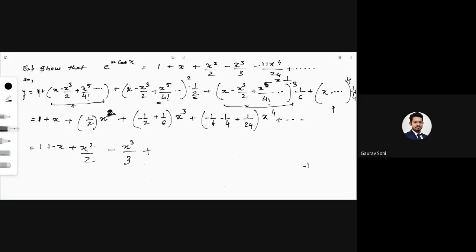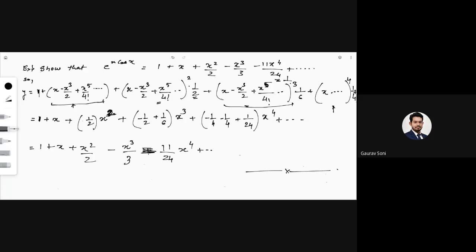So minus 1 by 2 plus 1 by 24, minus 12 by 24, that will be minus 11 by 24. This is minus 11 by 24 x raised to 4. Clear?